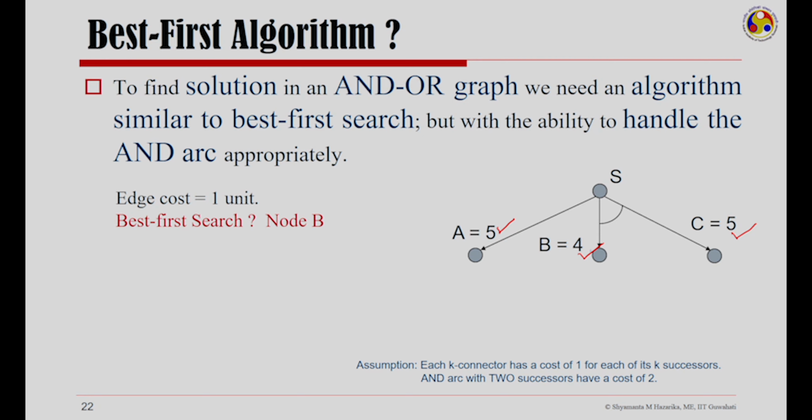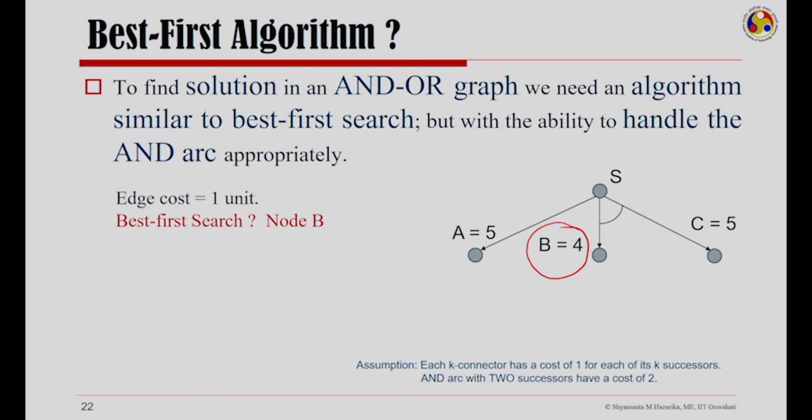We do not store here the cost of coming to this present node. So, if you assume that each edge costs 1 unit and I was just doing breadth first search, then my algorithm would be choosing node B for expansion. This is because node B has the minimum cost to the goal. But then is it the best path?